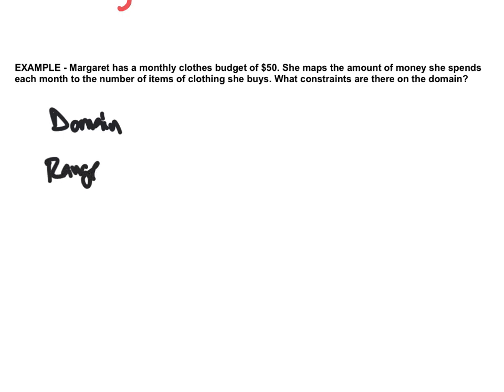And what I want to figure out is what depends on what. And when I look at this, this problem is weird, and how you read this sort of depends on how this works. But how I read this, it says she maps the amount of money she spends each month to the number of items of clothing she buys.